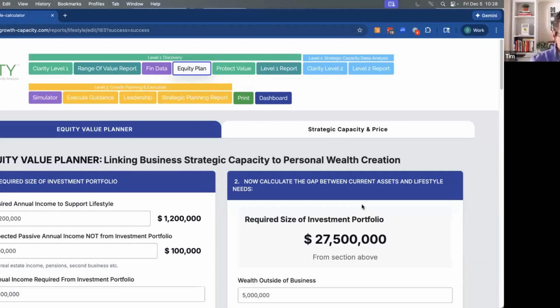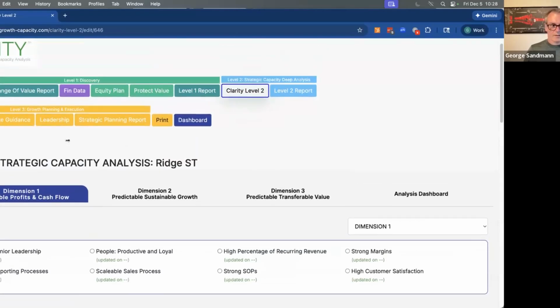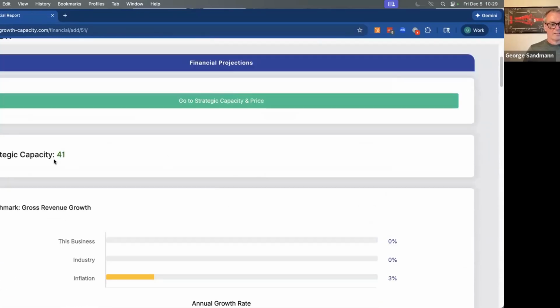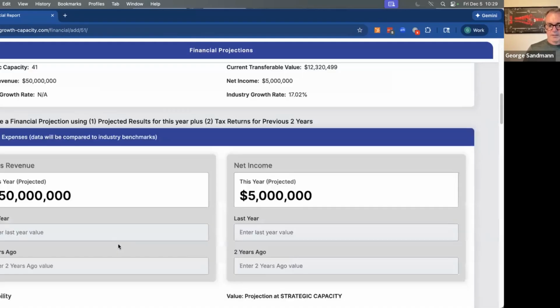Awesome. Okay. Well, the next thing I might be thinking is, now this Tony has not filled out clarity level 2, right? If I go, you can see all of these. There are no updates. Nothing has been created. I'm going to click on simulator. What do we know in simulator? Now we have strategic capacity of 41, and we haven't pushed. We haven't done level 2.